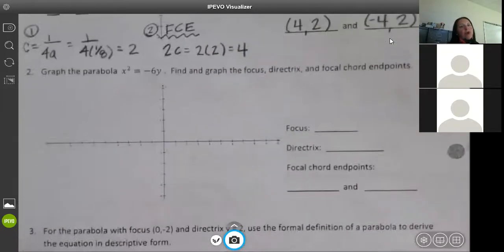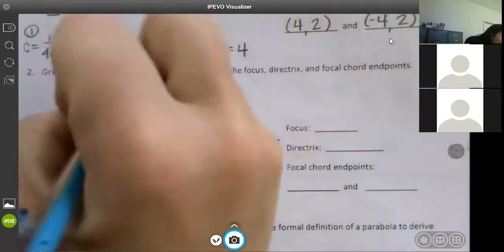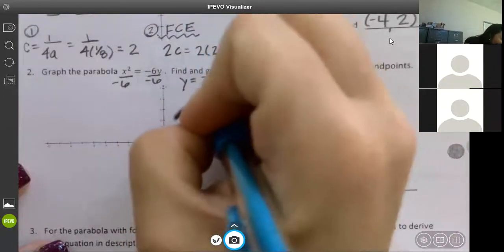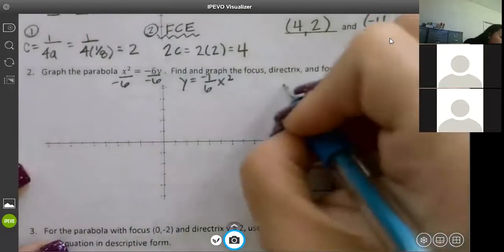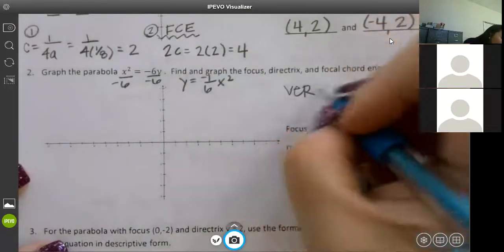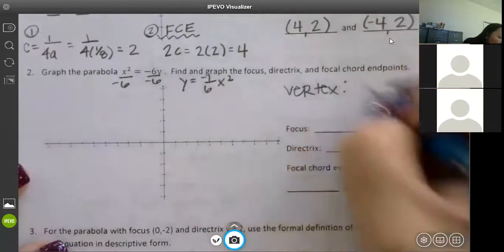All right. Graph the parabola x squared equals negative 6y. Think about the last one. What did we do first? Get it into y equals. You do not have to write it in the vertex form. It already is in that.